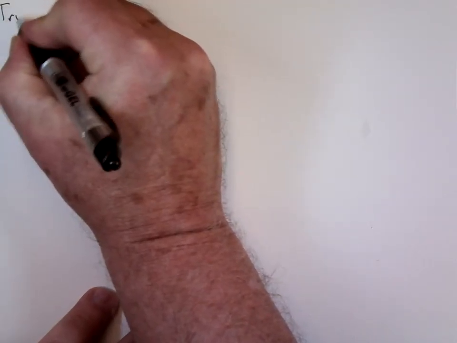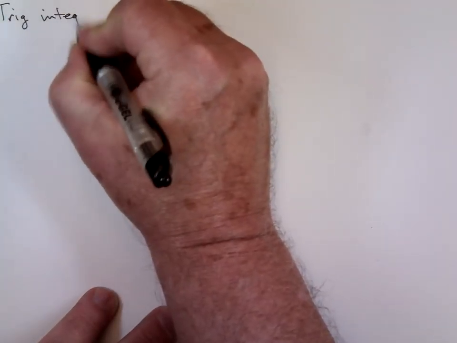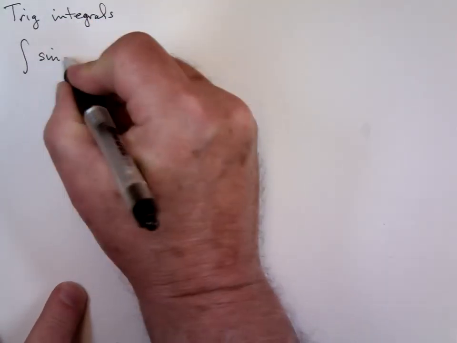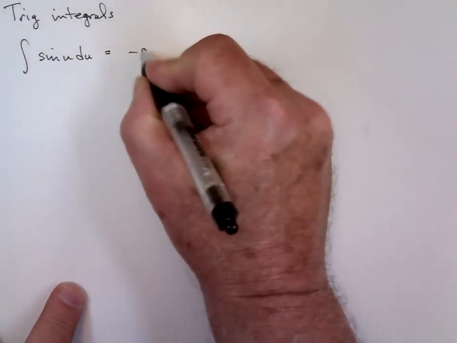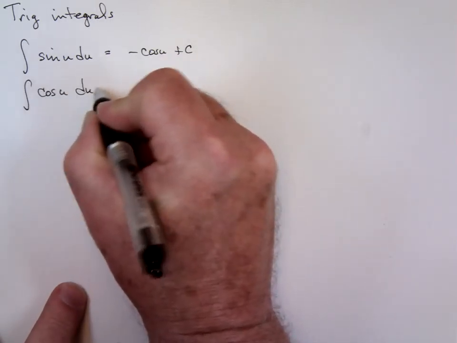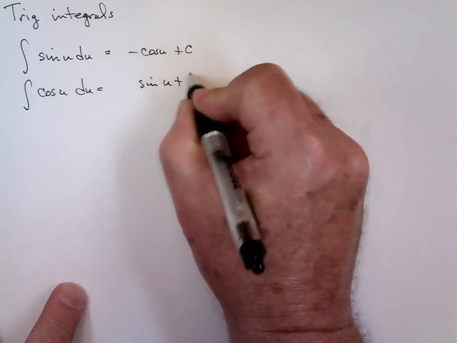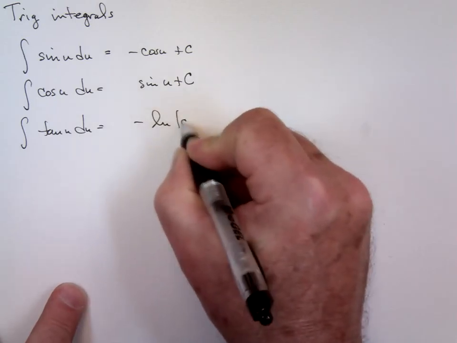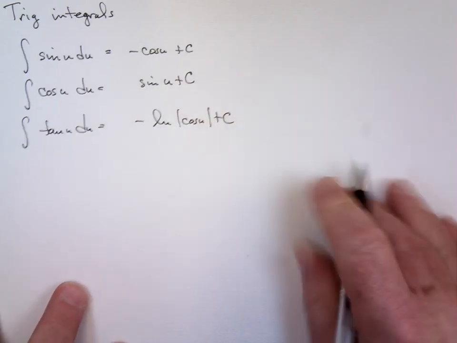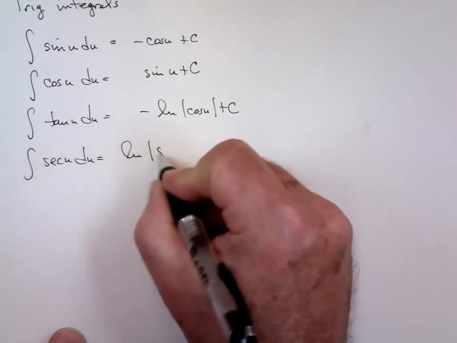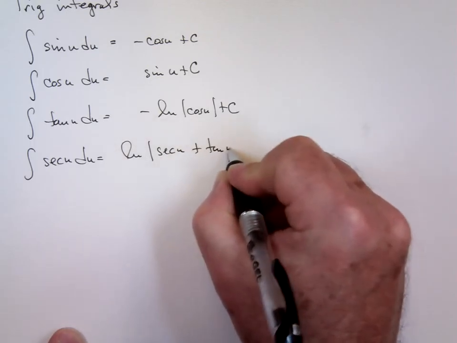The ones we do know: the integral of sine u is negative cosine u, the integral of cosine u is sine u, then tangent u, secant u, and secant squared.